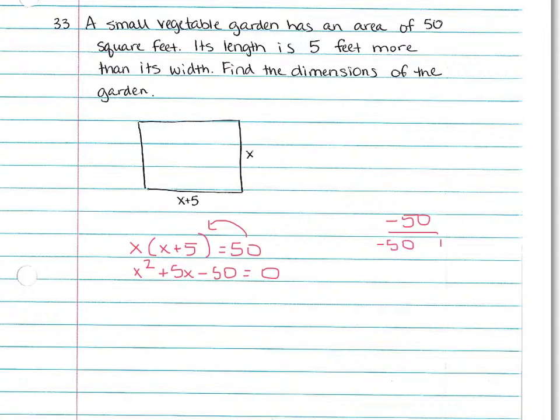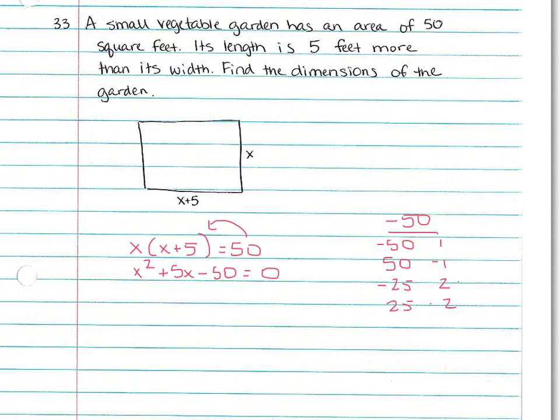That's going to be a negative 49. And a 50 and a negative 1 will give you a positive 49. So we move on to 2. So it'd be a negative 25 and 2, or 25 and negative 2. That one will give you a negative 23, and the last one will give you a positive 23, so we're still too high.